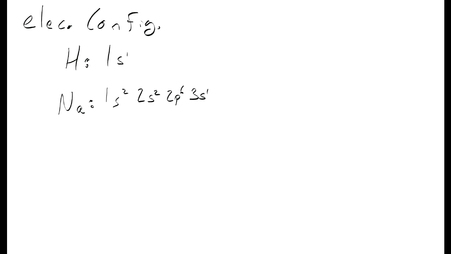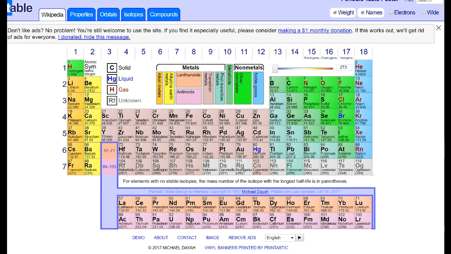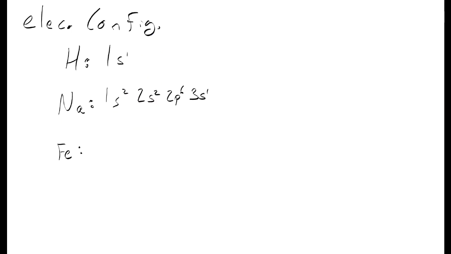And then similarly, we get iron. Iron has a total of 26 electrons. That's another way of doing this. So 26 electrons. So 1s2, 2s2, 2p6, 3s2, 3p6, 4s2, 3d6.